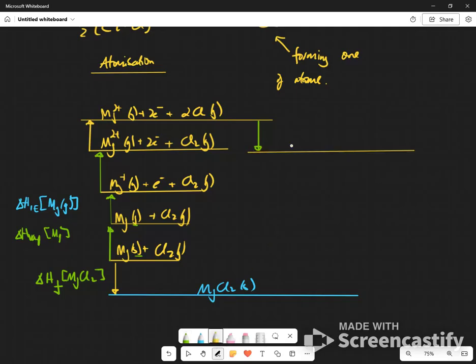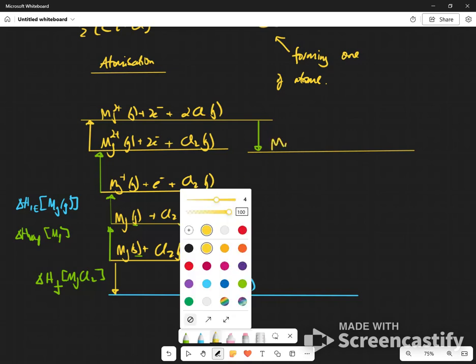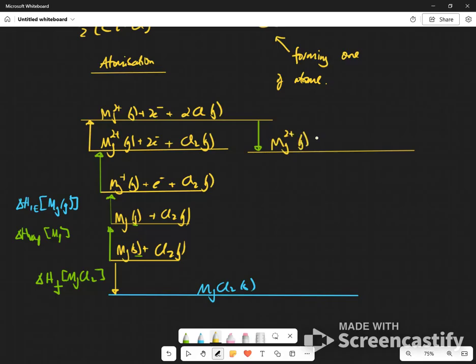And I add 2 electrons to 2 chlorine atoms here. So what do I get? I get Mg2+ gas plus 2 Cl- gas. These electrons have gone onto the chlorine. And last of all, as you can see, the last stage is that. And that is the enthalpy change of lattice formation of magnesium chloride.